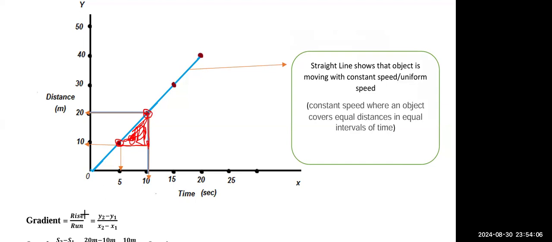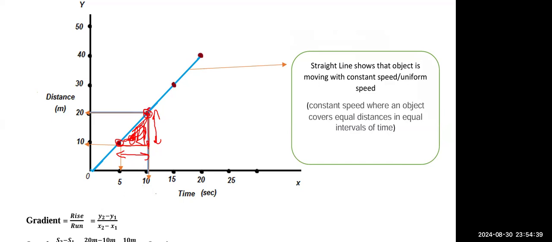Now the formula is rise over run. How much rise? This is the rise, and this is the run. To find the rise, you have to check the value of y2 and y1.